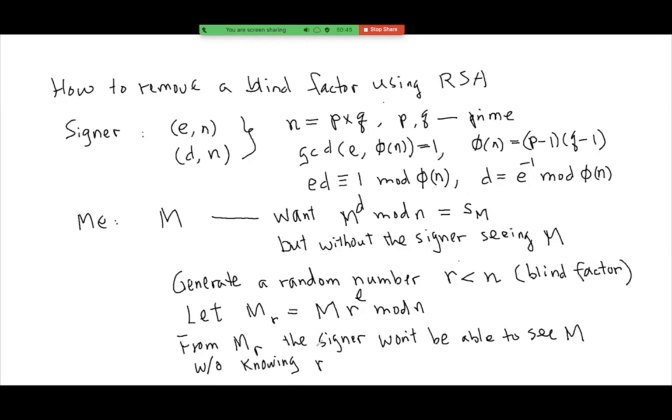Of course, this random number R has to be kept secret, okay, by me.